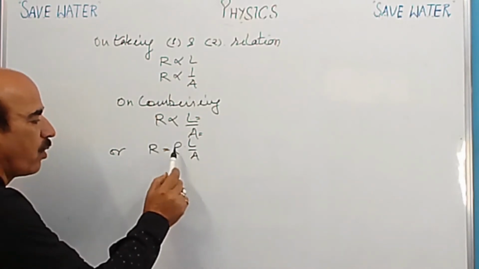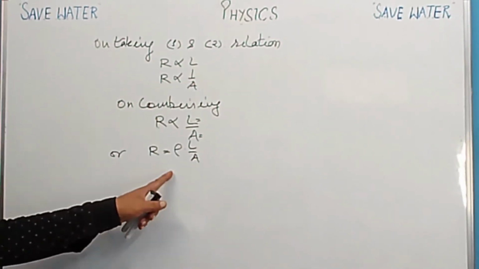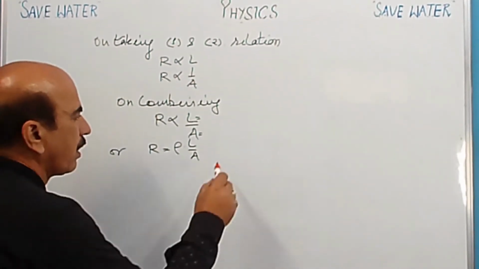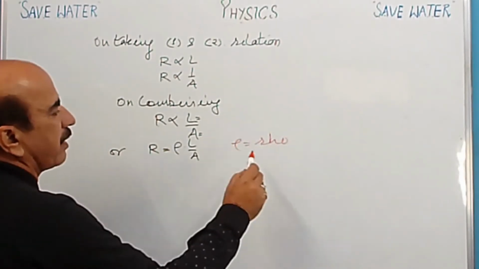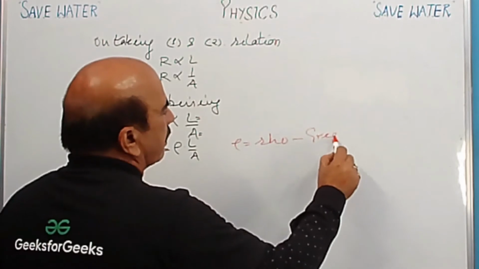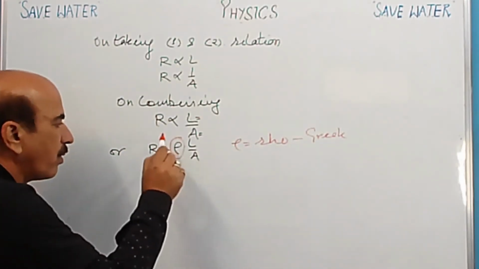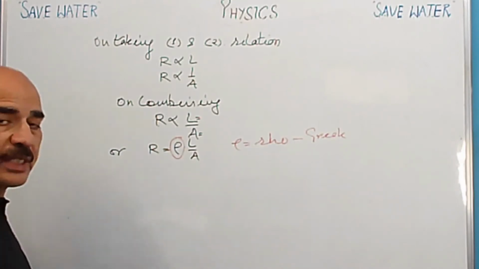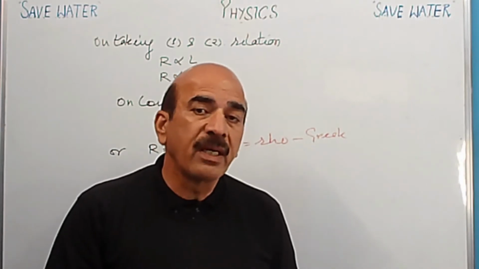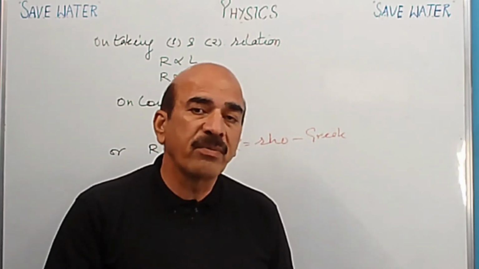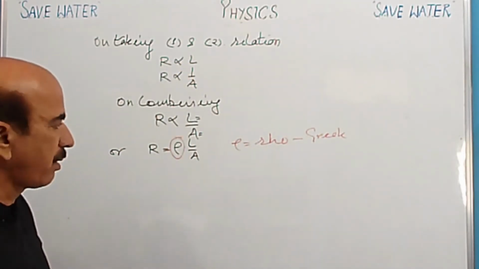So this sign rho, what do we call it? It is pronounced as rho, and it is a Greek letter. This rho is the constant of proportionality, and it is known as the resistivity of the material of the object or substance.